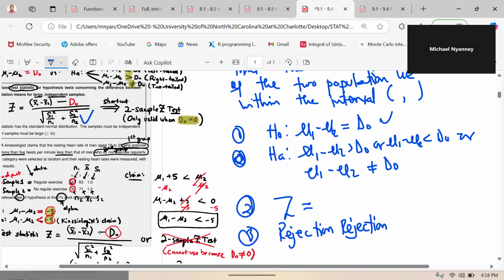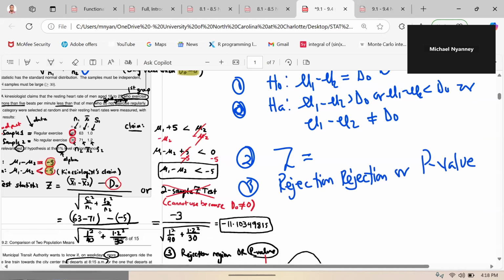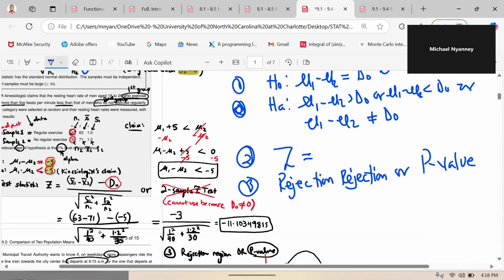You know how to do the rejection region. It's the same thing. Rejection region or your p-value. You also know how to calculate the p-value. It's the same thing, nothing is changing, just that for the z-value, we want to know how to calculate it based on two samples. Then the fourth, that is just the same. And 4, you make a decision.